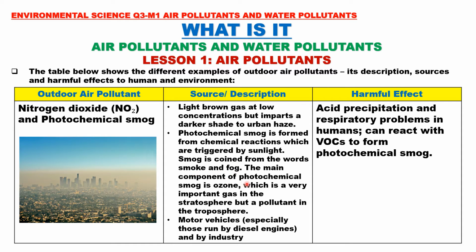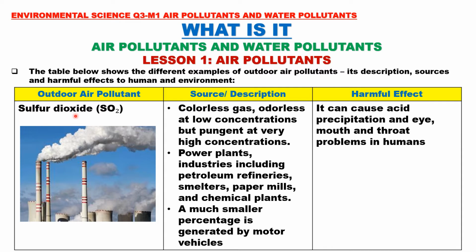The main component of photochemical smog is ozone, which is a very important gas in the stratosphere but a pollutant in the troposphere. So motor vehicles, especially those run by diesel engines, and industry are your sources of nitrogen dioxide and photochemical smog. Harmful effect: acid precipitation or acid rain, respiratory problems in humans. It can also react with VOCs to form photochemical smog.